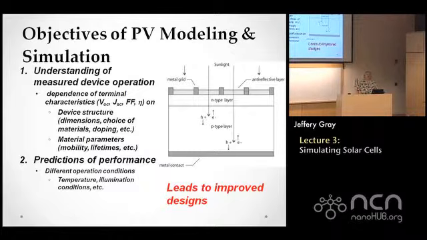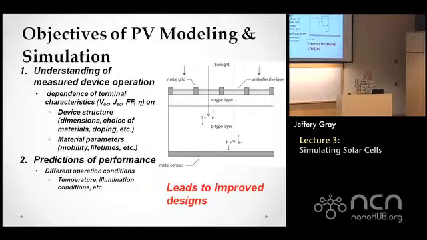And then once you think you have a good model, you use the model to make predictions, for example: if I change this, how will the performance improve or change?